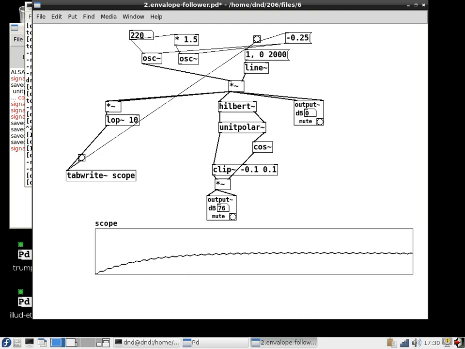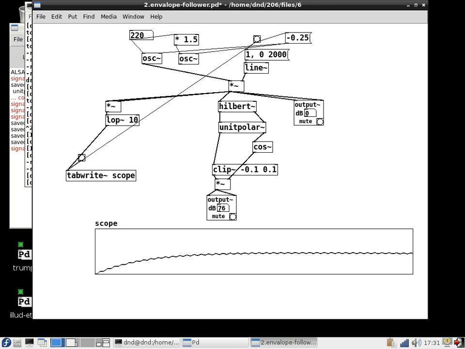And now we have kind of a disreputable, but okay, envelope follower. Now, of course, when you take this and use it to do, for instance, a compressor limiter or something like that, you'll divide by this, and this wiggling will give you harmonic distortion, and then you'll do all the things that you can do about that.